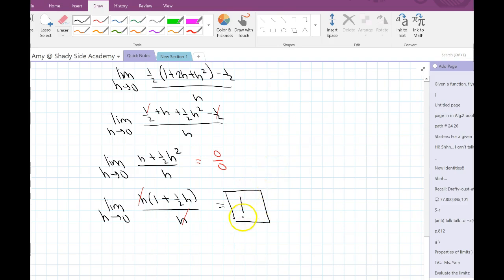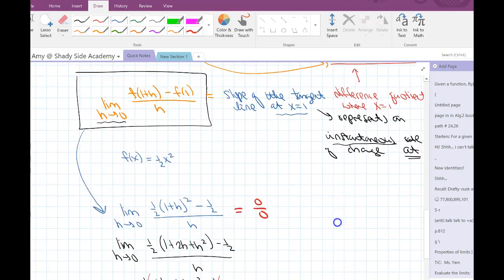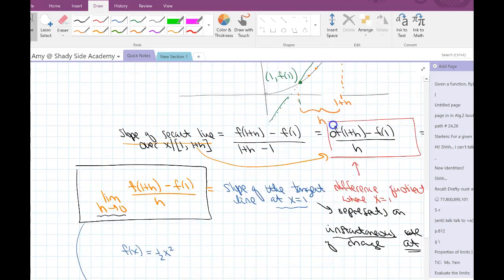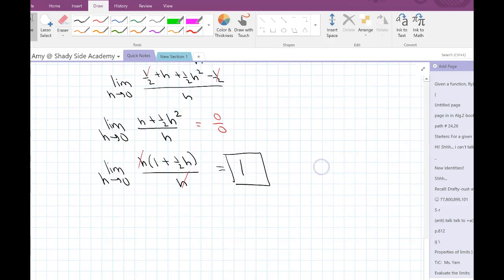But this number 1 has context. And what is that context? Yes, blisters on your hand as a function of day. But this is an instantaneous rate of change. And this sentence is so very important.